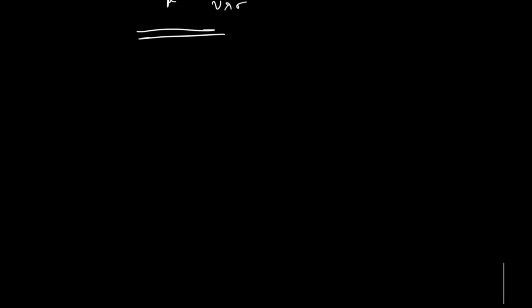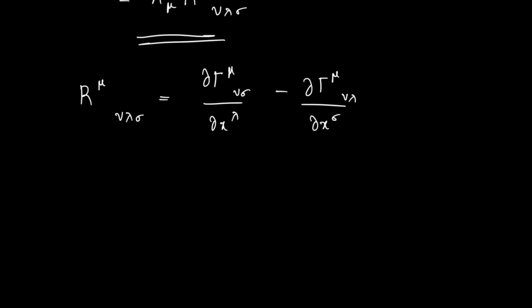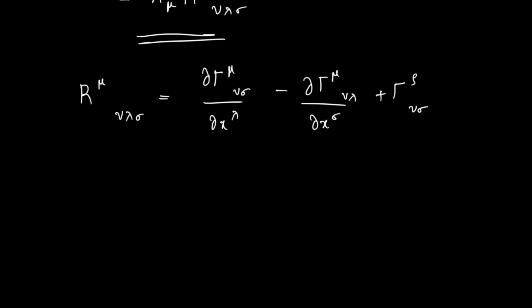Okay, so I define the Riemann curvature tensor R mu nu lambda sigma as the partial derivative of mu nu sigma with respect to x lambda minus partial derivative of mu nu lambda with respect to x sigma plus Christoffel symbol rho nu sigma, Christoffel symbol mu rho lambda minus Christoffel symbol rho nu lambda multiplied by Christoffel symbol mu rho sigma.